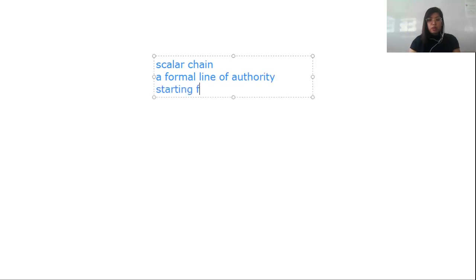Okay, so when we see scalar chain, okay, so this is a formal line of authority. Okay, so starting from the highest rank to the lowest rank.